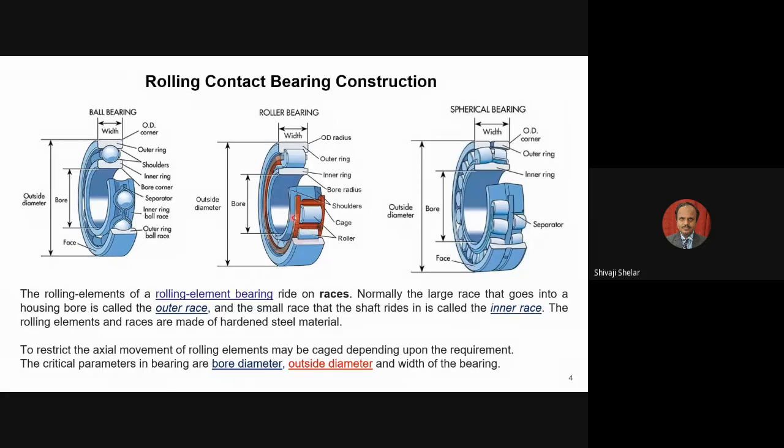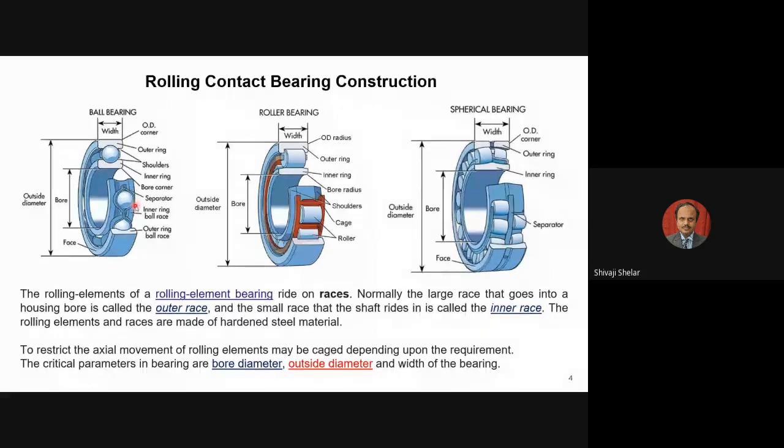You can see the cage shape here. The cage shape for rolling elements will be different, and it is not mandatory that a bearing will have a cage. Inner race, outer race and rolling element are mandatory requirements, but providing a cage is a supplementary function. So depending upon the application only, this cage will be provided.